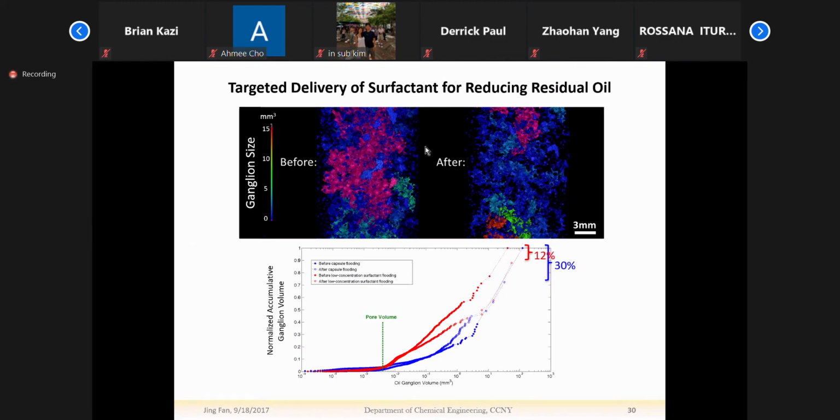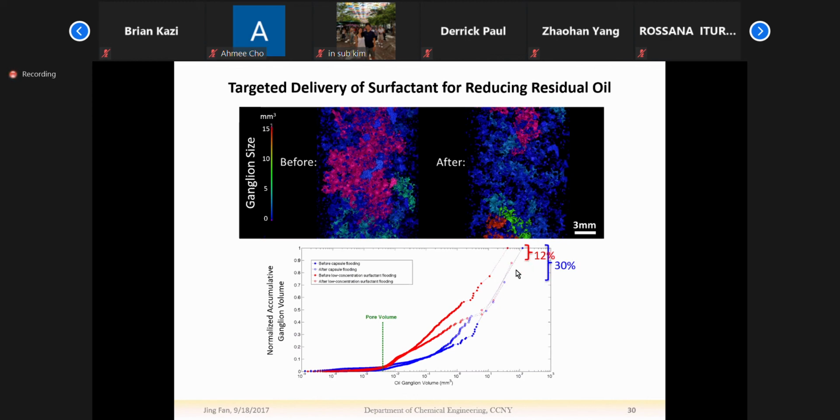For the regular surfactant flooding without capsules, we see a 12% reduction of the residual oil. But if we use capsules, we see a 30% reduction of the residual oil. Although we cannot interpret these two numbers quantitatively, it doesn't mean that capsules improve the reduction of residual oil by more than twice.